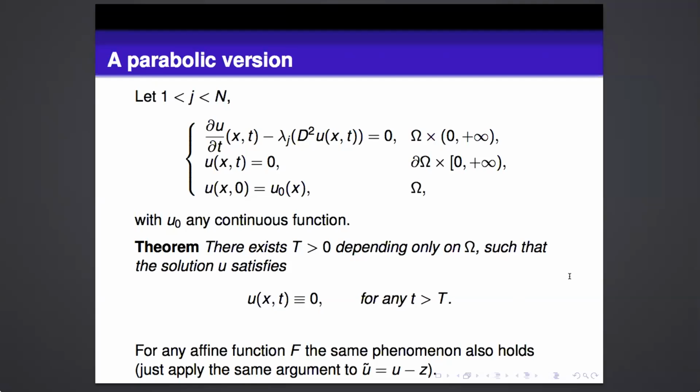So there exists a finite capital T depending only on omega, not on the initial condition of your evolution problem. So it depends only on the domain in such a way that when you run this evolution, it vanishes identically everywhere instantaneously.